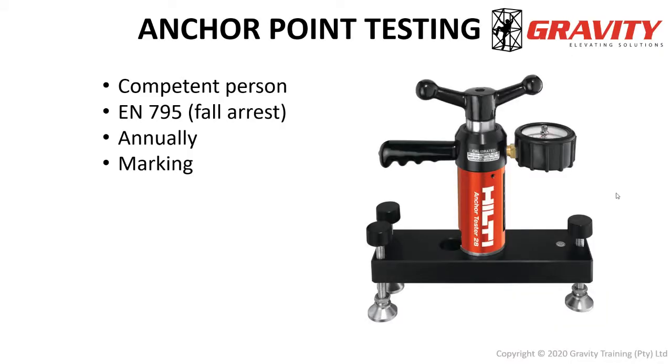So there are various makes and models of this type of hydraulic tester. These are the best ones to use. They are reliable, sturdy, accurate ratings, and they're quite nice to use actually, and they're quick and easy. And as I say, very reliable. So for anchor testing, I recommend something like this.